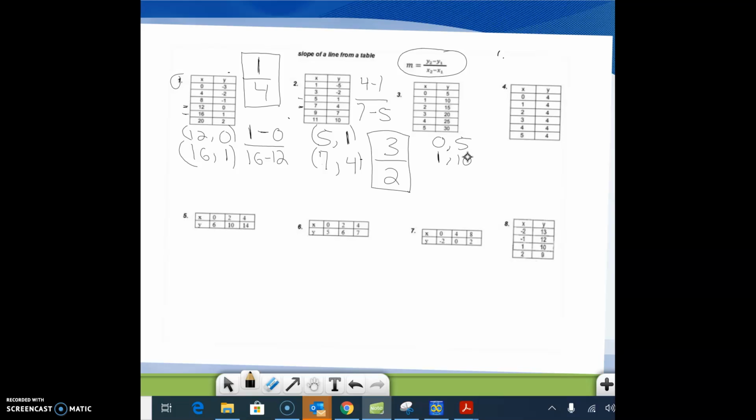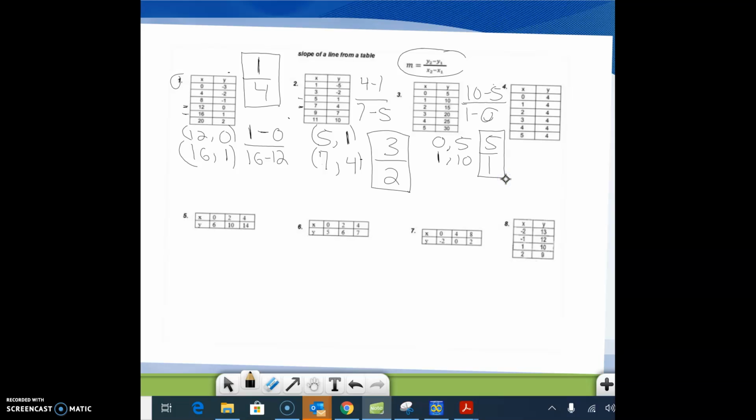All right, so we got what? 10 minus 5 over 1 minus 0. I'm sorry guys, that's 10 minus 5, not 15. Let me change that. What am I getting the 15 from? All right. 10 minus 5 is 5. 1 minus 0 is 1. 5 over 1 is my slope.